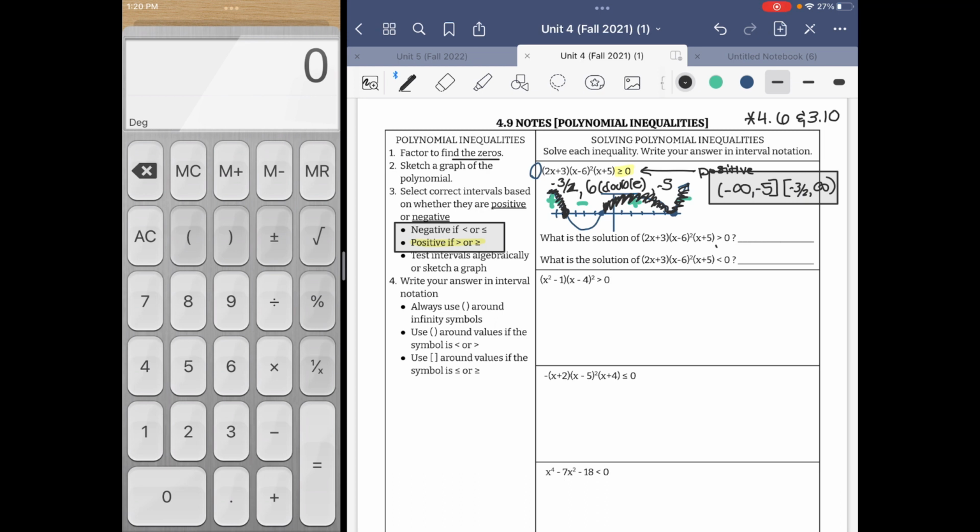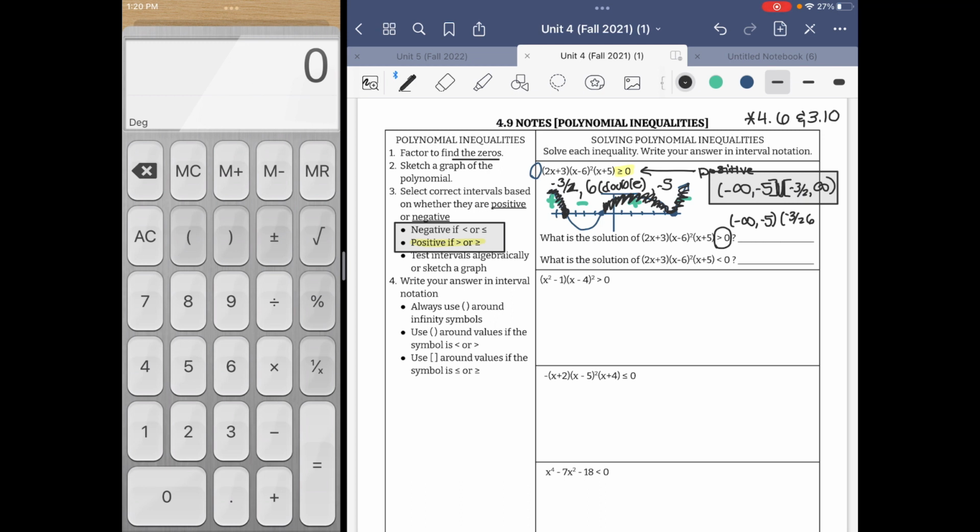Now, if it had said just greater than 0, but it wasn't or equals to, that would mean that I would have to use parentheses instead. And, sorry, I forgot to put my U in between there, just realized that.